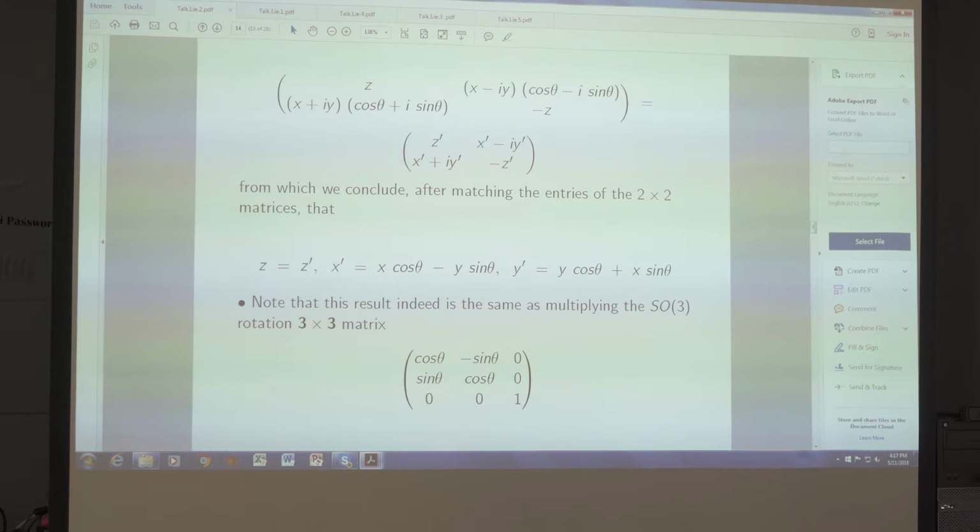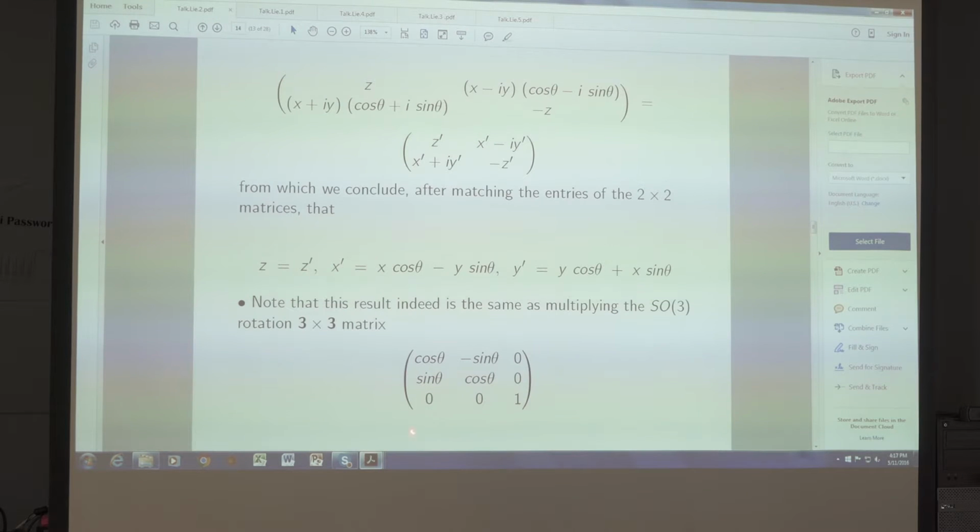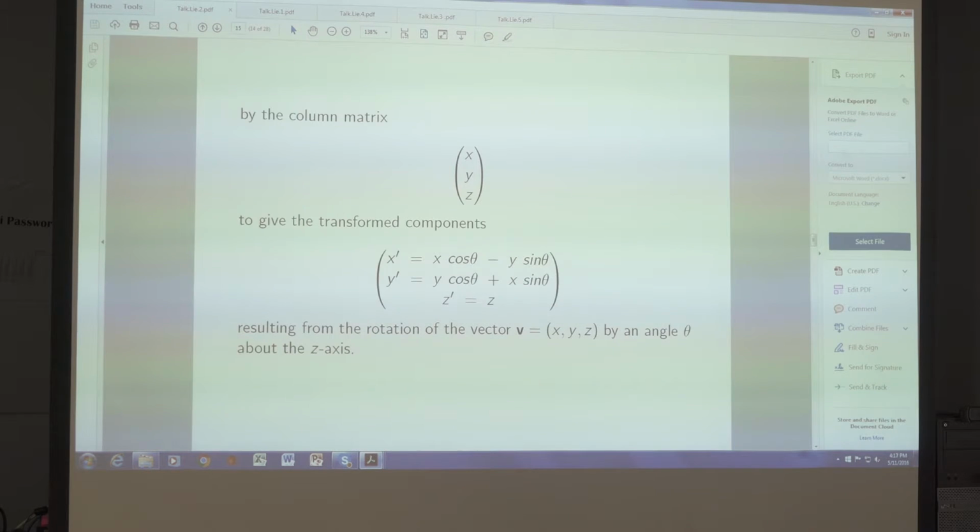And this is the same thing as if I had rotated the components of a vector in 3 dimensions, if I use these 3 by 3 rotation matrices and multiply by a column matrix to get another column matrix. So you get the same answer if you use SU(2) rotors or SO(3) matrices.